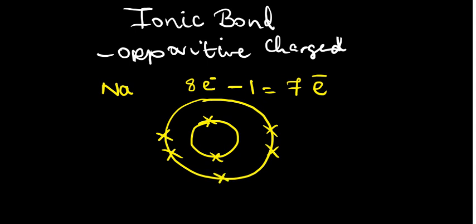Let me write it here. So 7. Sodium is going to be searching for one more electron so that it will be stable. Because it has lost 1 electron, it's going to gain a net positive charge.